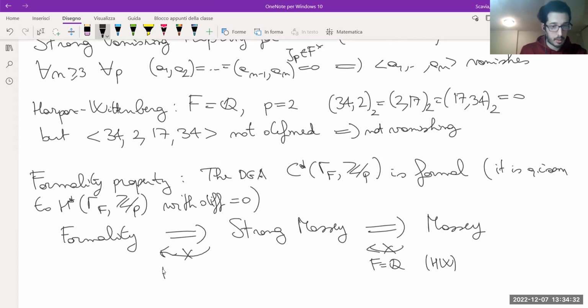And the counterexample is some local fields. It proves it for some local fields: they always have the strong Massey property, but some local fields don't have this formality property.